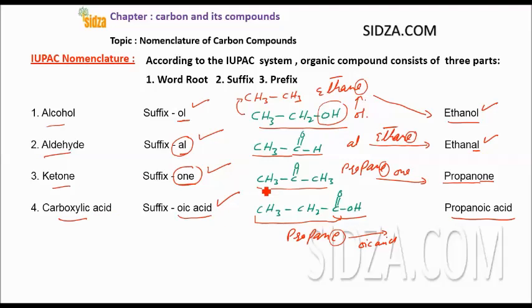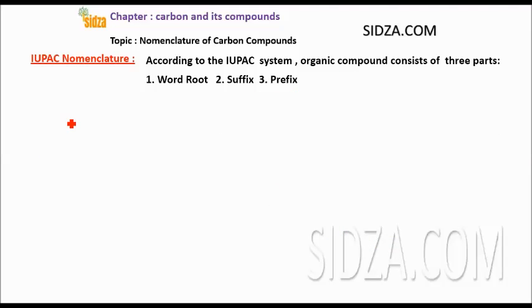Now let's have some more examples. For example, this is the molecule CH3CH2CH2OH. This is an alcohol, and the parent compound contains three carbon atoms, so it is propane, and I am going to replace the E by -ol because this is an alcohol. So replacing E by -ol from propane, it becomes propanol.